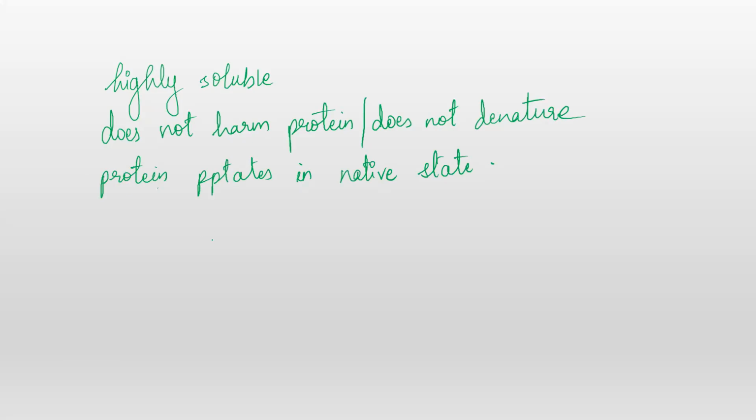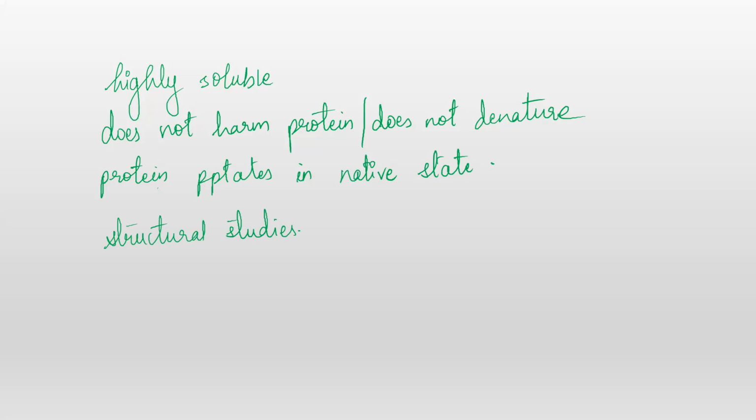After you do ammonium sulfate precipitation, you can take that protein for structural studies also, because the native state is not distorted here. Structural studies are done only on intact proteins, not on broken or distorted proteins. So salting out is using salt concentration to cause precipitation.